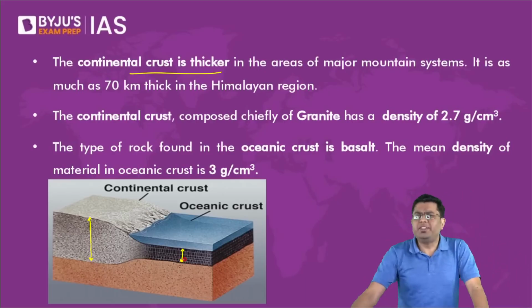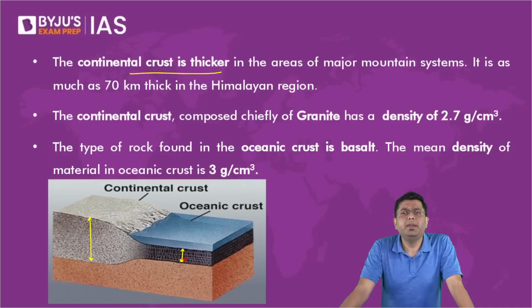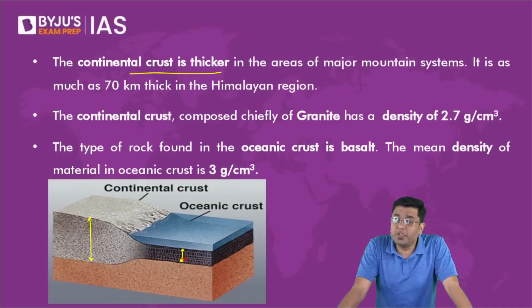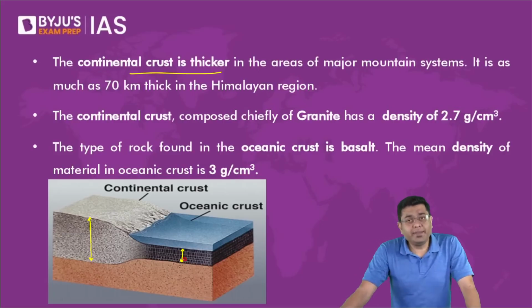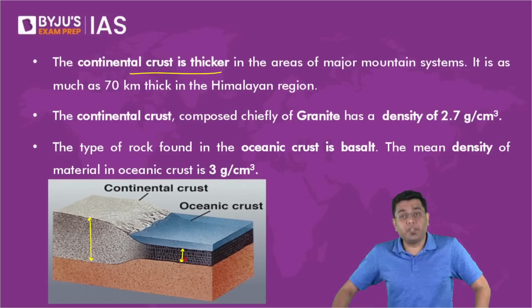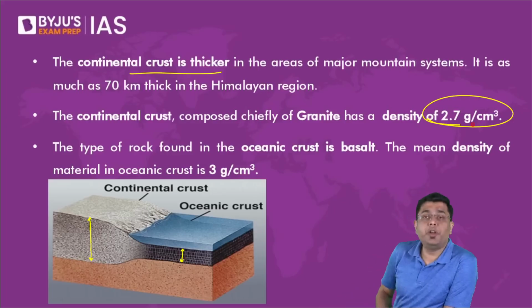Okay. Now, it is generally the continental crust that is dominated by silica and alumina, right? So it is also sometimes referred to as the Sial layer. But you don't have to get into it, just understand it is chiefly dominated by granitic rocks, which have a density of only around 2.6 to 2.7 gram per centimeter cube.